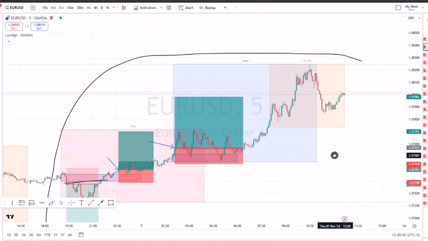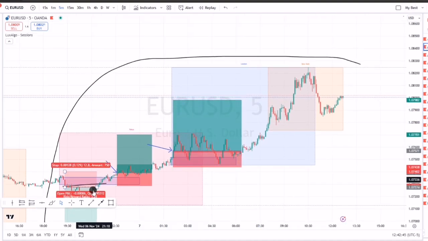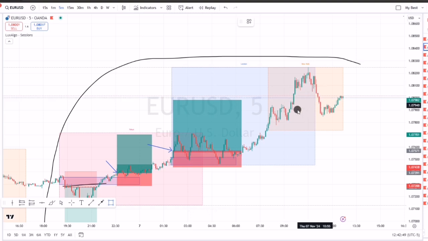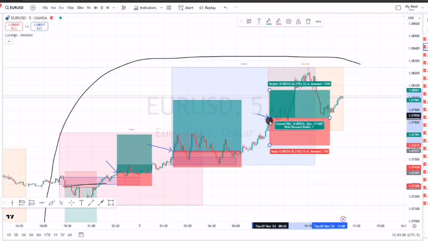Another place where you can also check for a trade is at the beginning of the New York session. This orangish box, you can also mark the first candle of the New York session. Price closes above, still you place a buy trade.